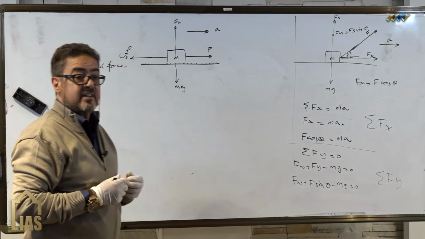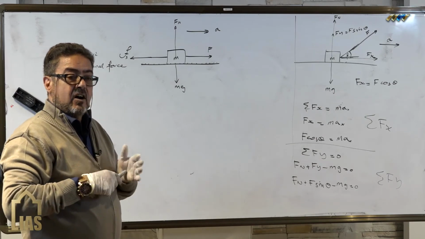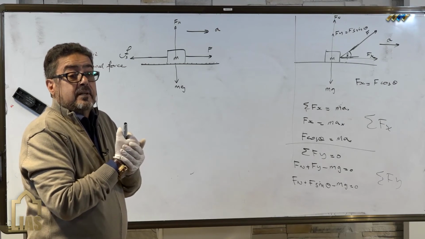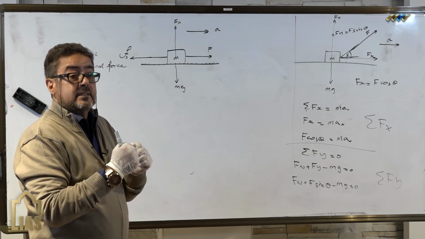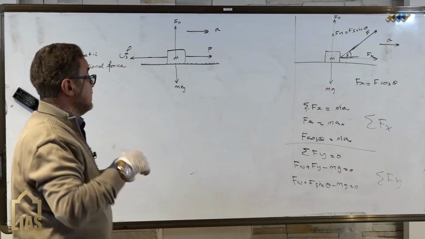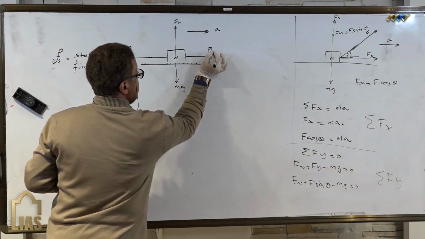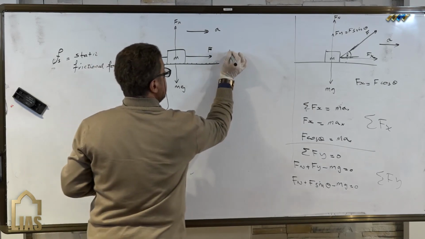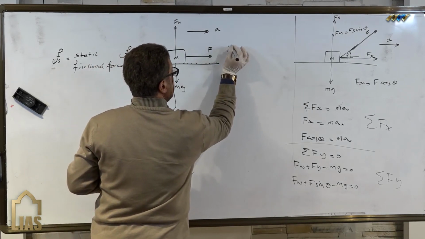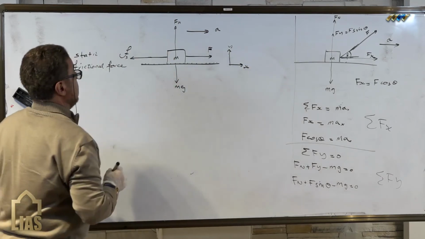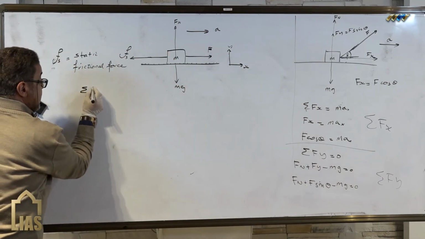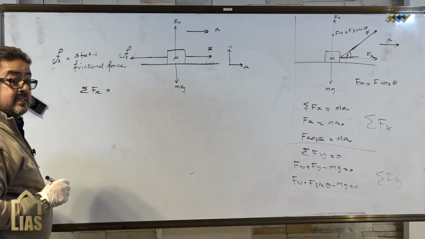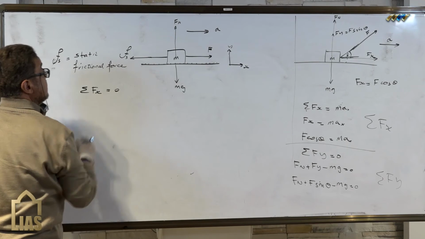What is static frictional force? It holds the mass from moving. It is another force. This F is in the direction of x. The mass is not moving in x, then it's 0.